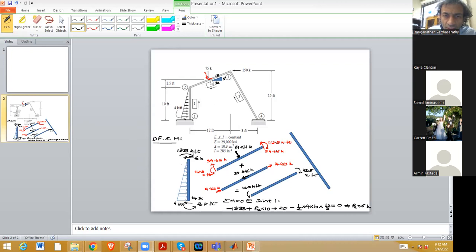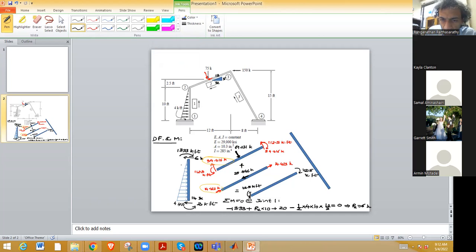So we split this inclined member into two parts, and the moment at the ends is 112.5 kip foot. Now, this reaction and this reaction, they both will get added up to produce purely vertical reaction that will be equal to 75 kips over 2.